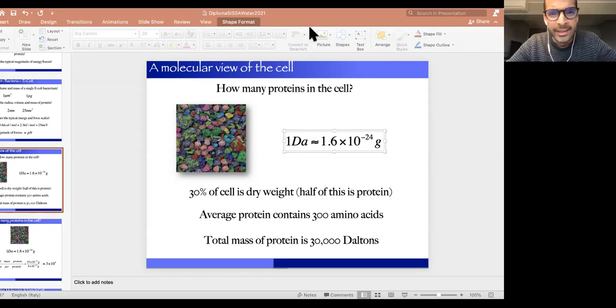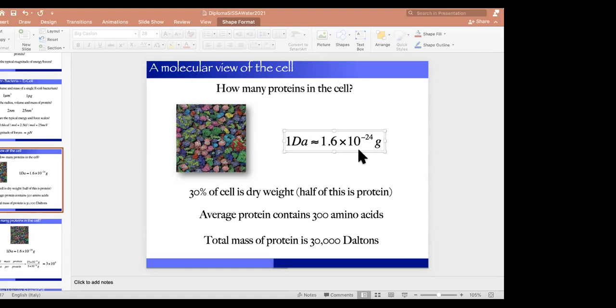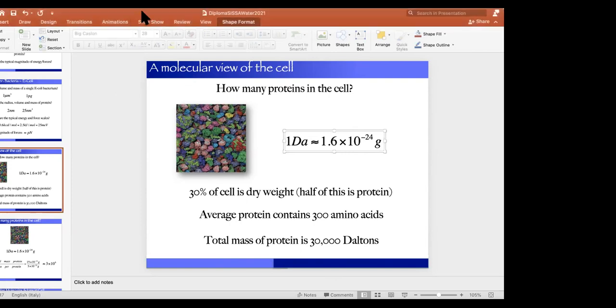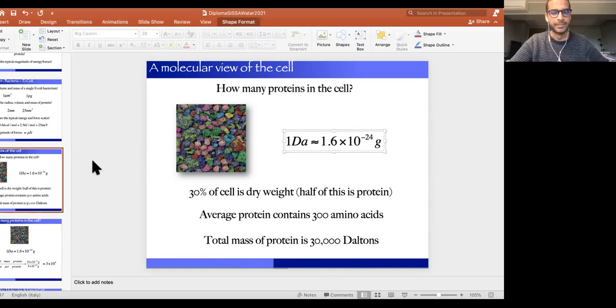Okay. So you got something on the order of 10 to the 6. 3 million. Okay, perfect. Very good. So lesson number 1, the cell has on the order of 3 million proteins. That's a lot of protein. Let's move on.